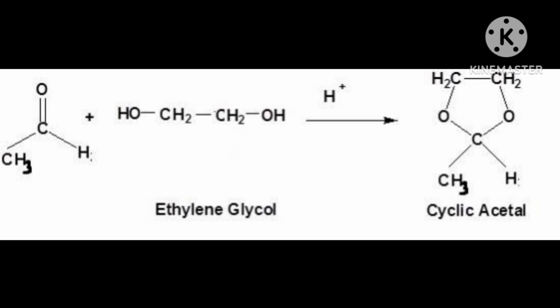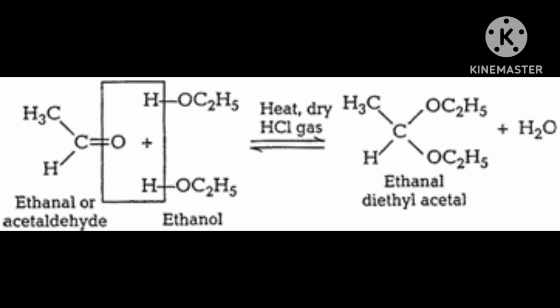Now suppose the OH bond is breaking, then O will become negative, H will become positive. And now the second CH2OH, that OH also breaks, then again this oxygen will get negative, hydrogen will get positive. Then two hydrogens go in the form of H plus.